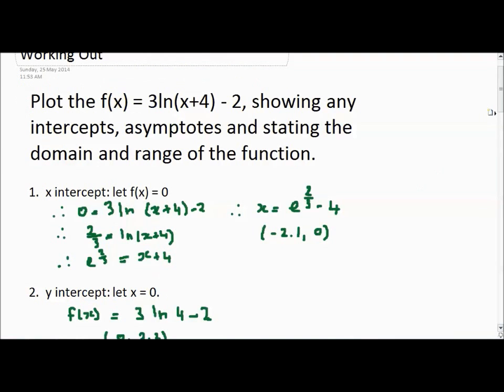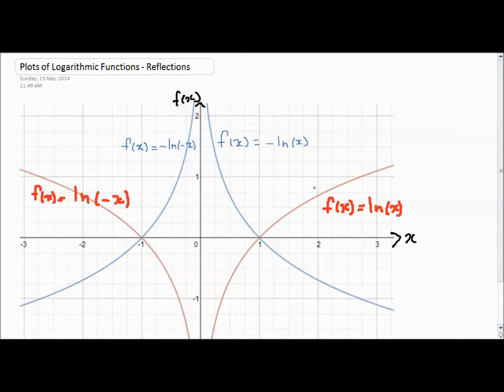So looking at our earlier sketches, we're looking at a graph of this shape, where the coefficient of the log function is negative, and the sign of x within the argument is also negative. So it's going to rise from left to right.